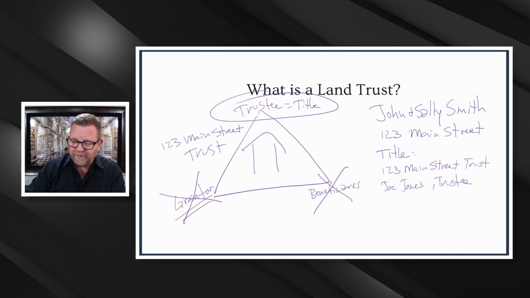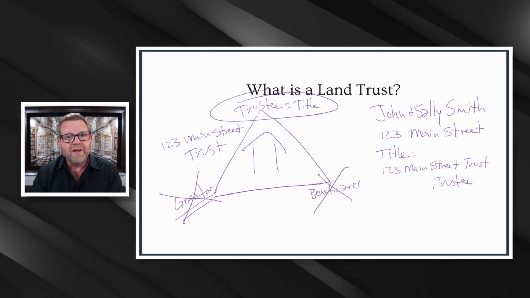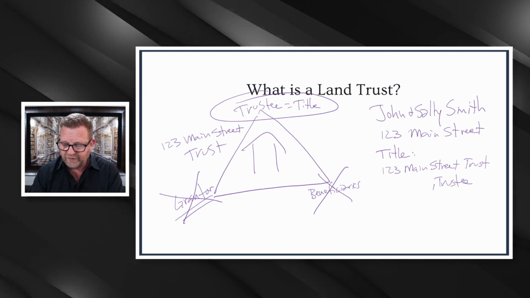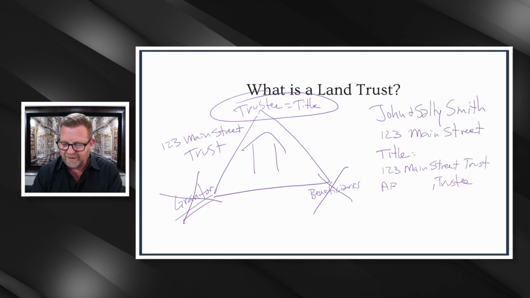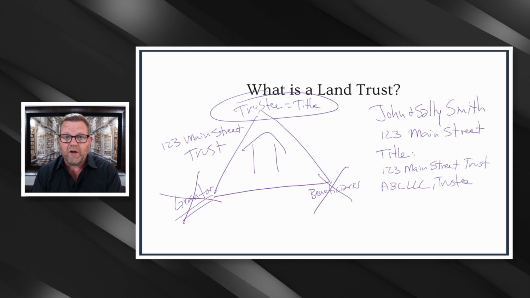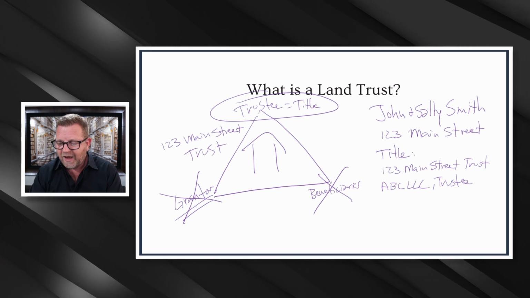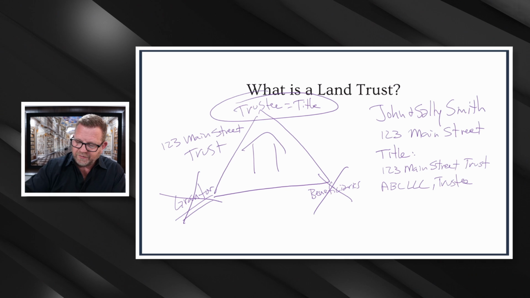If you're not comfortable with that, then let's just say we set up an LLC to do it. So we have the ABC LLC as trustee. Maybe we use a state like Wyoming where there's anonymous ownership, so nobody can see it anyway. Now, what did we just magically do?